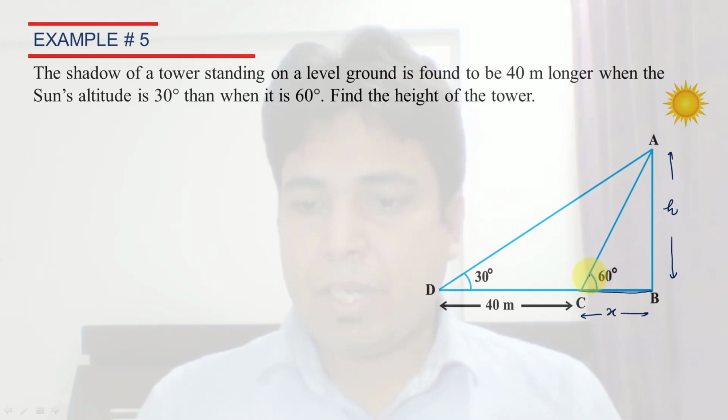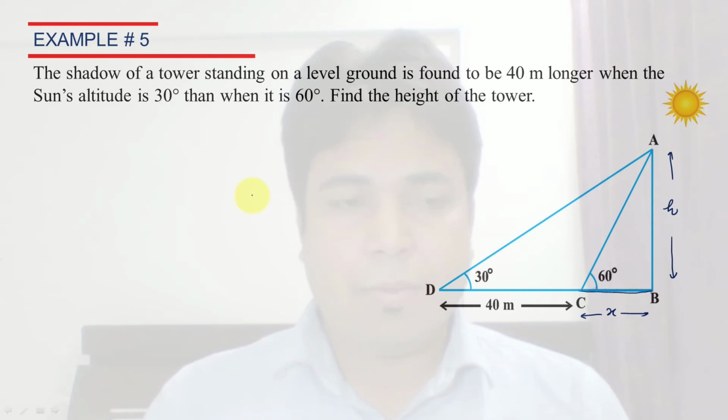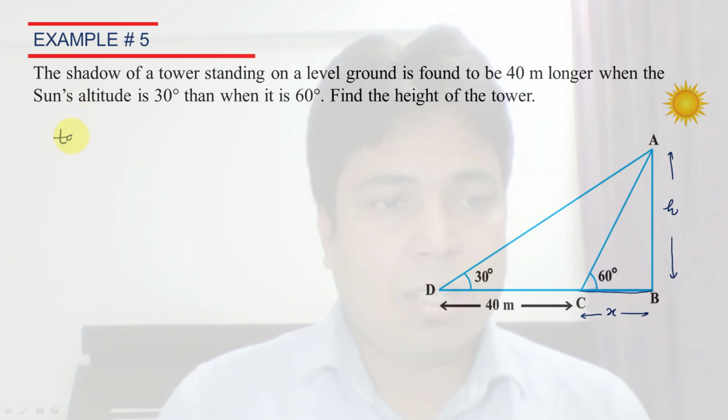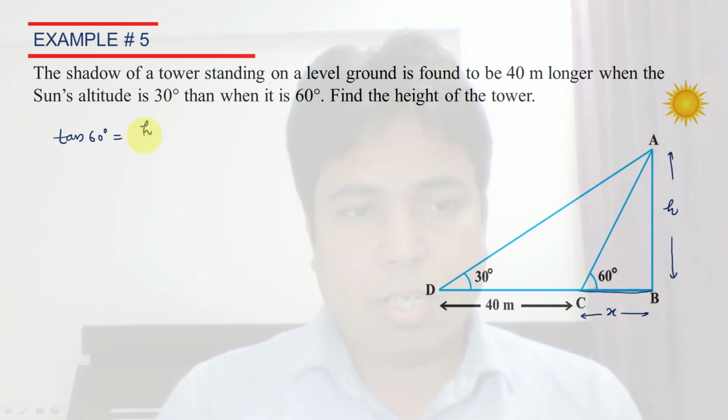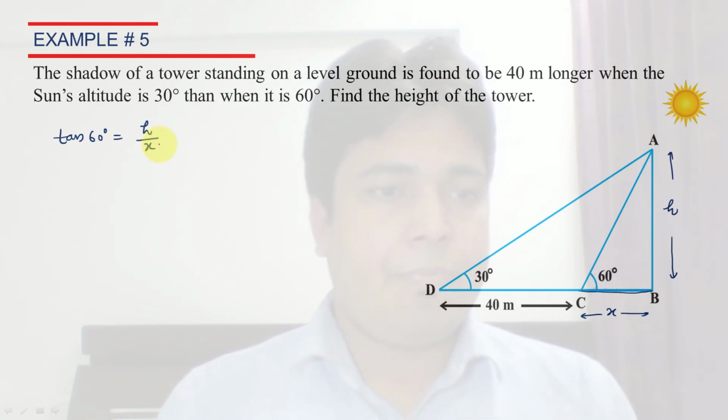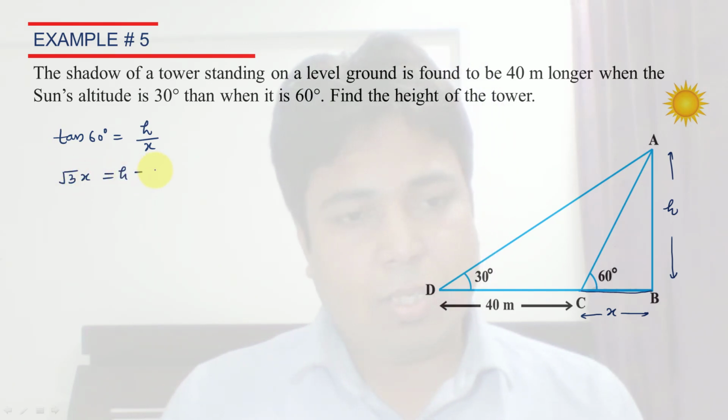First let's apply the trigonometric ratio for triangle ABC. Hence tan 60 degree is equal to h upon x. This implies tan 60 is root 3, so root 3 x is equal to h. Call this 1.